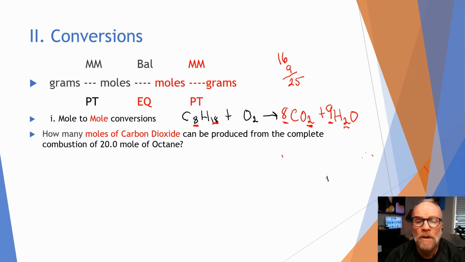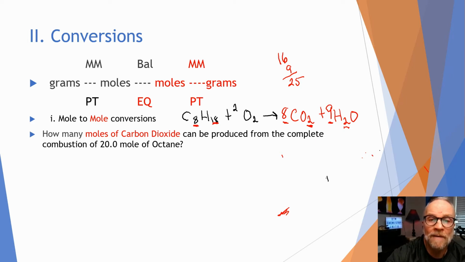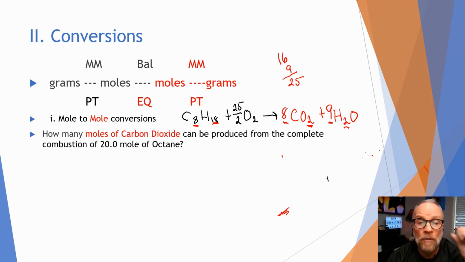All right. So there is no whole number that we can multiply by 2 to get to 25. And so we're going to use our fraction trick that we introduced in the last unit here, and we'll put 25 over 2. Now, if we could leave it like that, it would be balanced, but you need a whole number coefficient. So to get whole numbers, we're going to multiply everything through by 2.